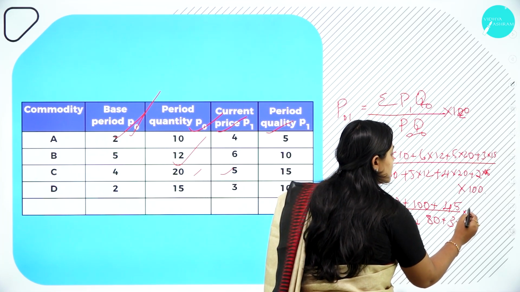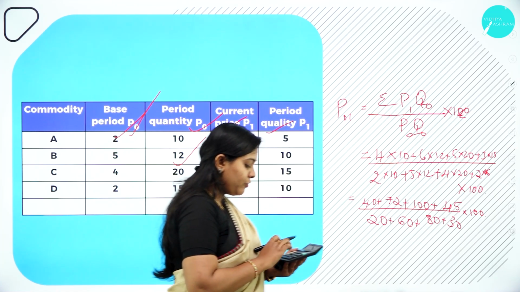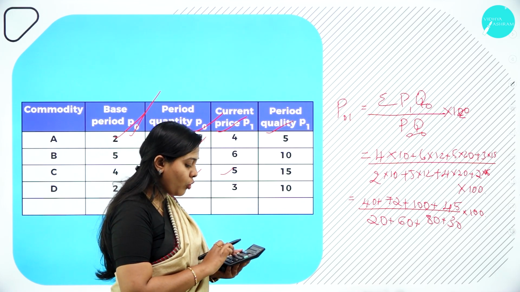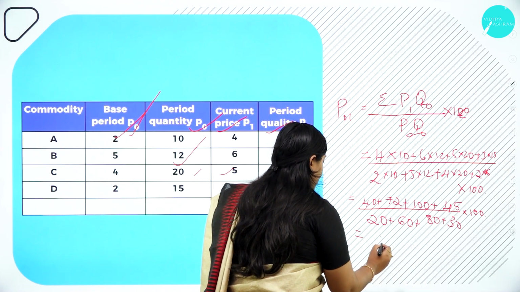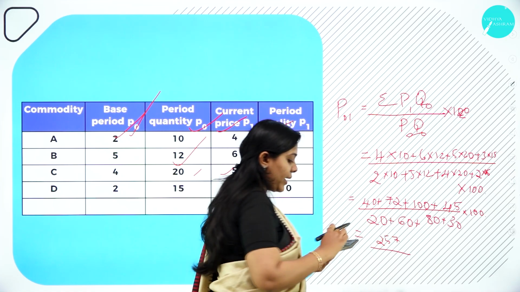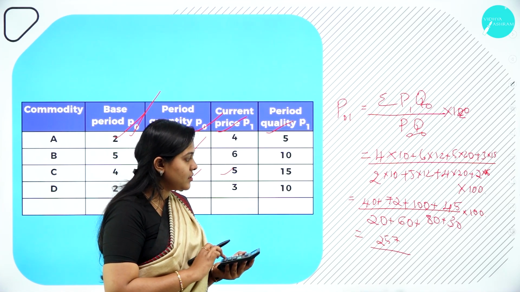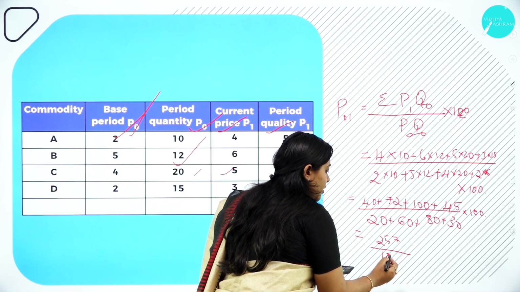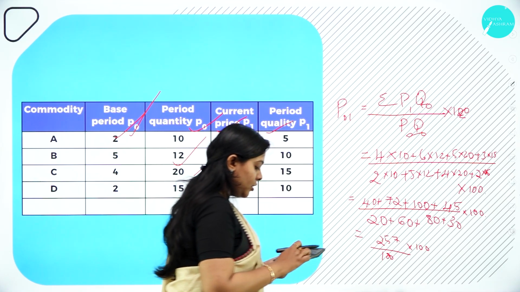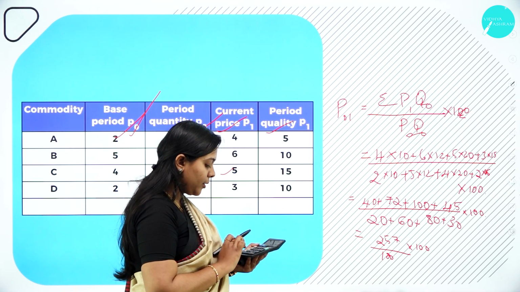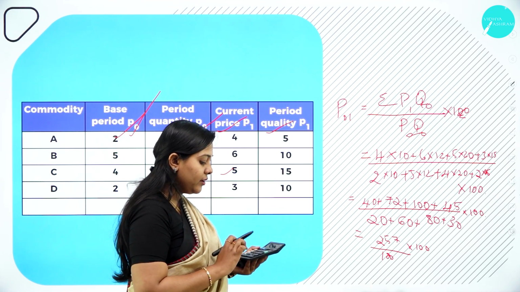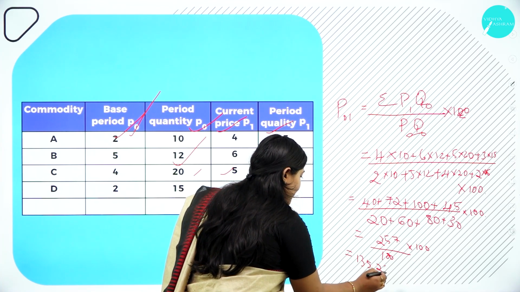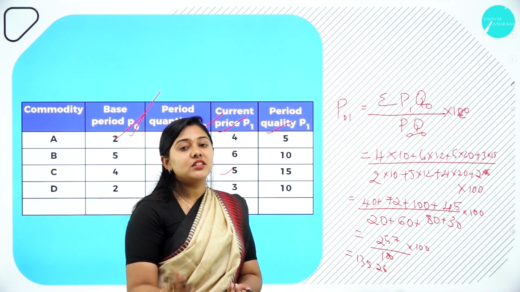Adding all this: 40 plus 72 plus 100 plus 45 is 257, divided by 20 plus 60 plus 80 plus 30, which is 190, into 100. 257 divided by 190 into 100 is 135.26. So this is the answer that we have got.